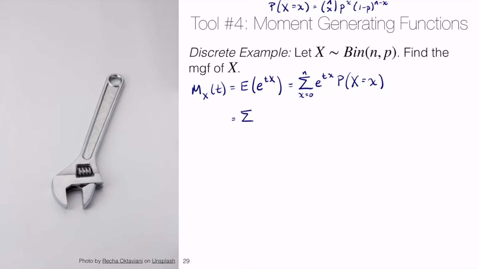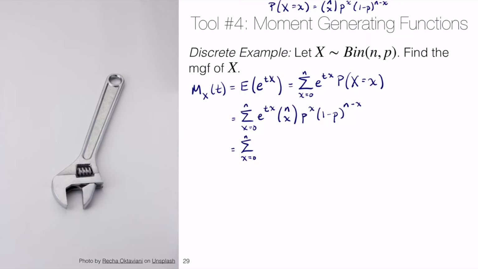So we'll have the sum from x equals 0 up through n, e to the t times x, and then we'll have our n choose x, p raised to the x, 1 minus p raised to the n minus x.